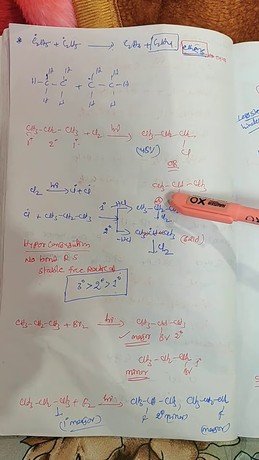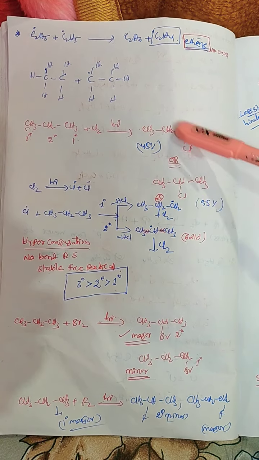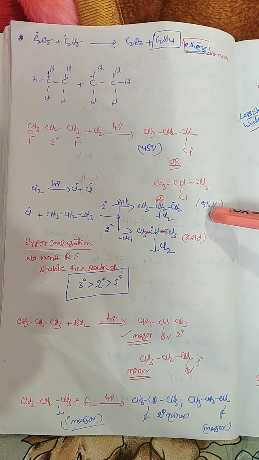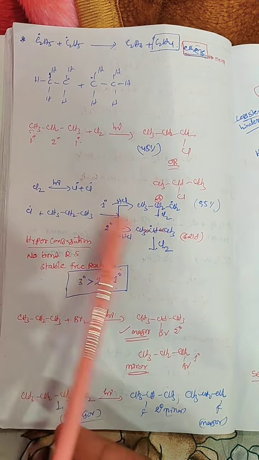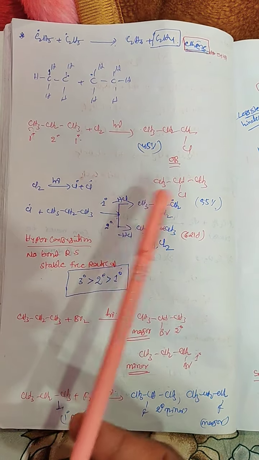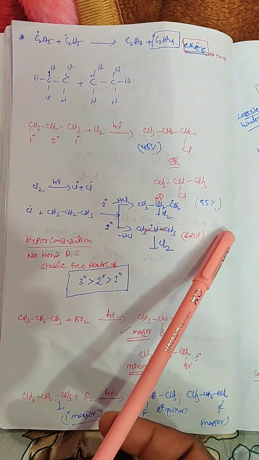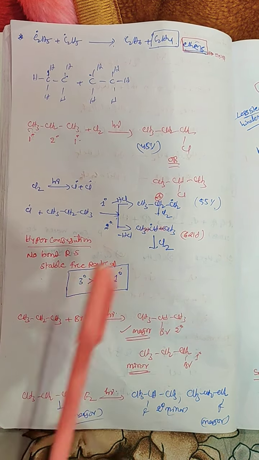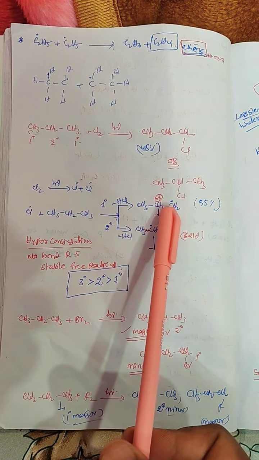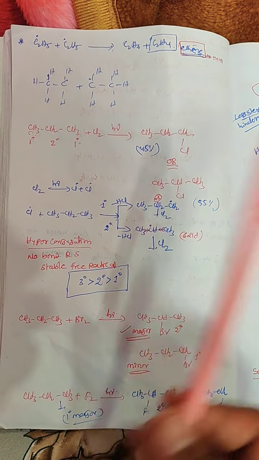Next, the secondary carbon. Primary carbon is 45%. Secondary carbon is 55%. Similar to this, we know the initiation step. If you form the primary carbon radical, compared to the secondary carbon radical, which is more stable? The primary carbon radical has 2 alpha hydrogens.